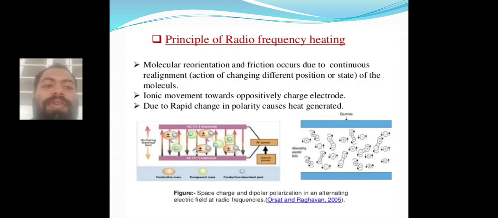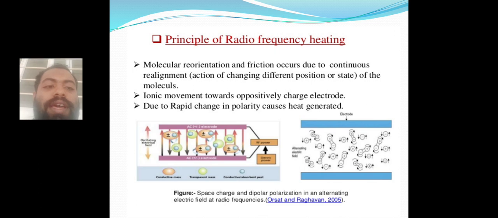Principle of radio frequency heating. Molecular reorientation and friction occur due to continuous realignment, that is, the action of changing different position or state of the molecules. Ionic movement towards oppositely charged electrode. Due to this rapid change in polarity, it causes generation of heat.